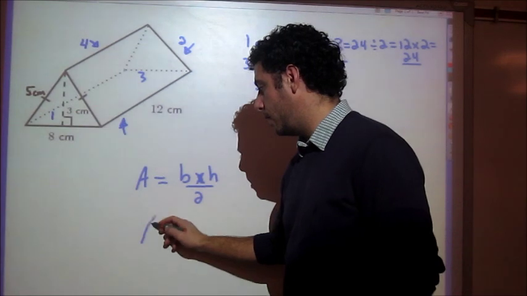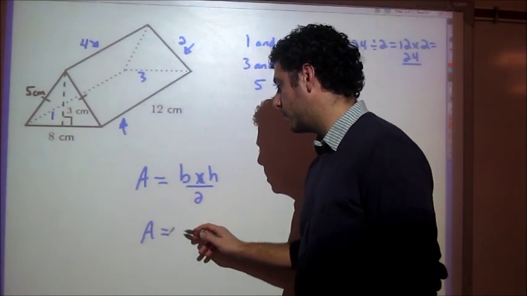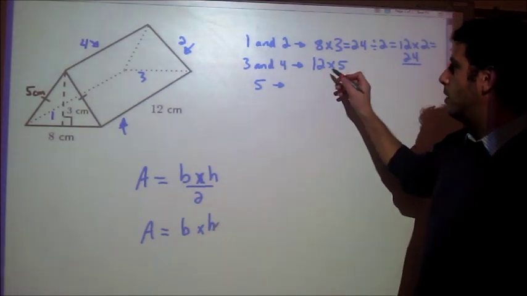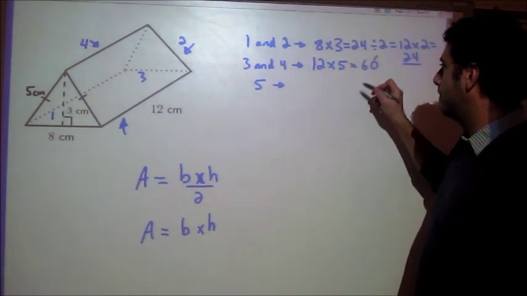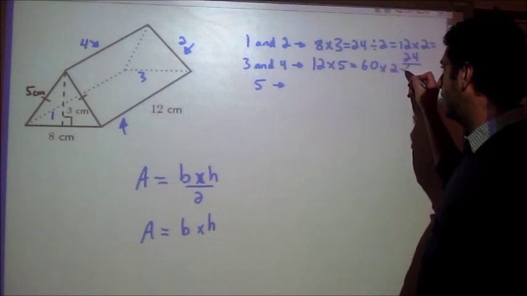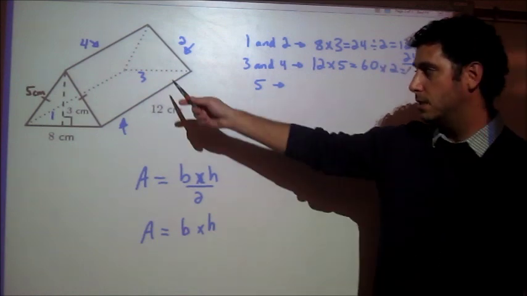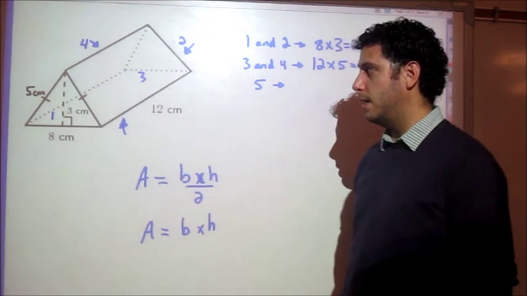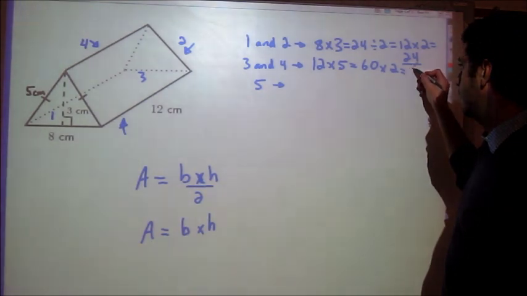And I know that because the area of a rectangle is simply base times height, right? So 12 times 5 would be 60. And we're going to multiply that by 2 because there are 2 sides that are just like this one, and the one to the left. So that would be 120.